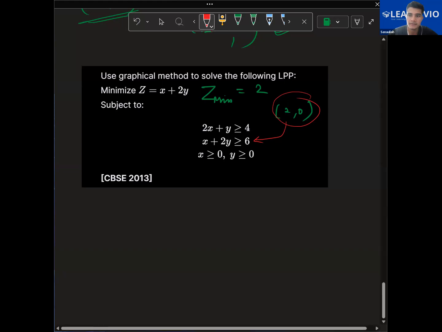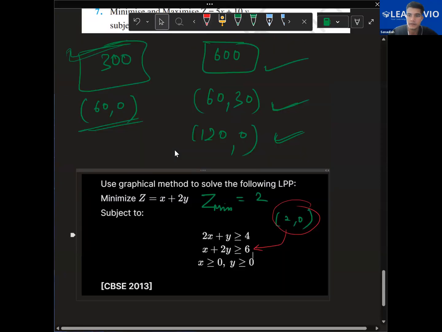So definitely कहीं ना कहीं mistake हुआ है. The point that you will get, that must be in the feasible region, and your feasible region is made up of all these constraints, so that must follow this.